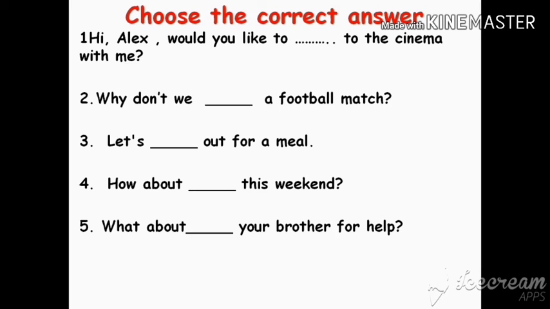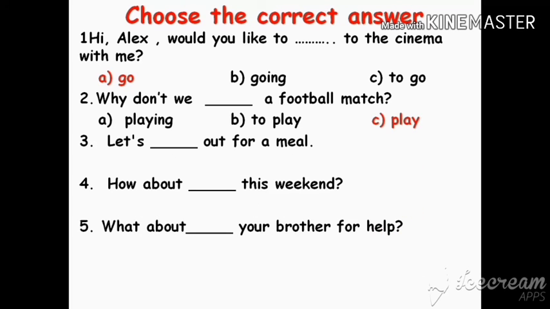So number 1, the correct answer is go. Would you like to go? So we use the verb in infinitive form, right? For number 2, the correct answer is play. Why don't we play, right? Number 3, the correct answer is go.